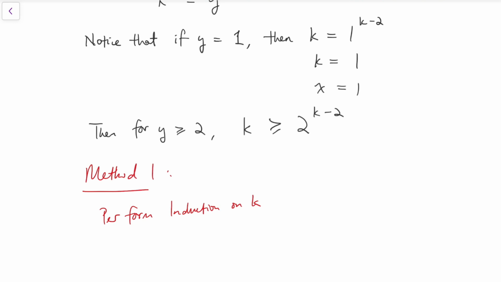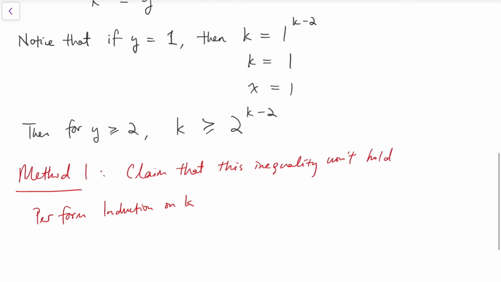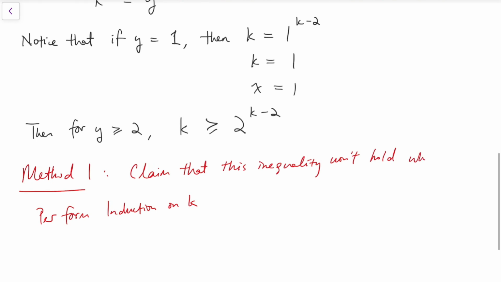For this, I'm going to claim that this inequality won't hold when k is at least 5.